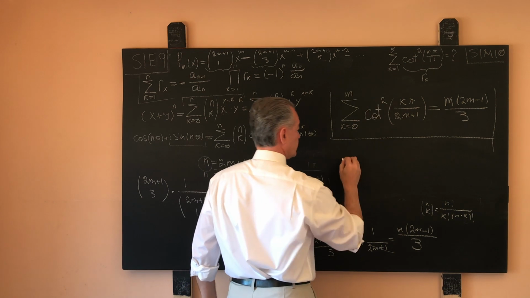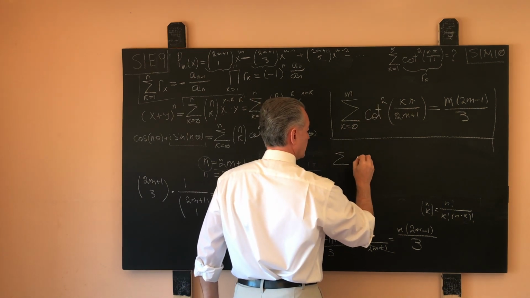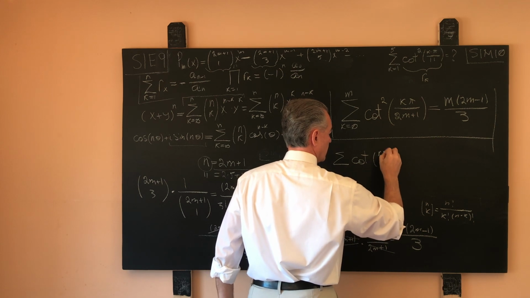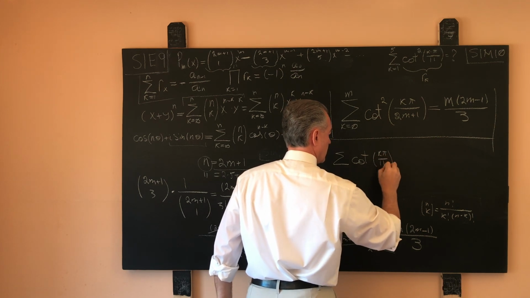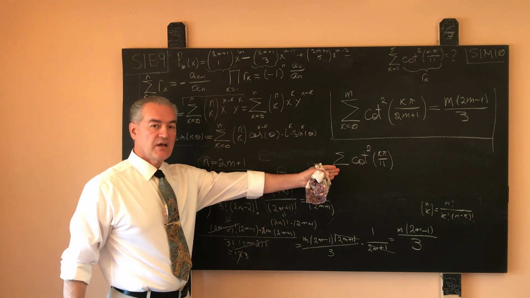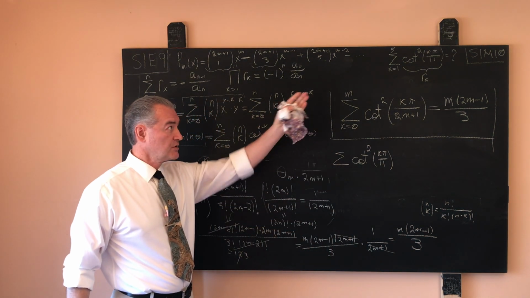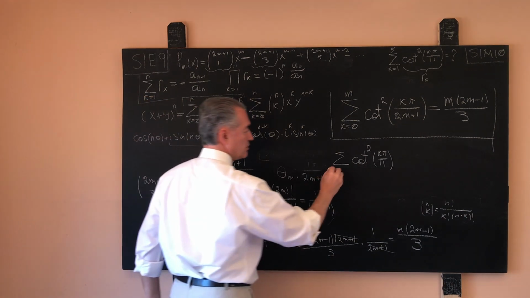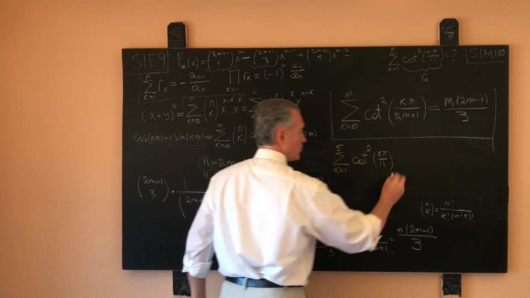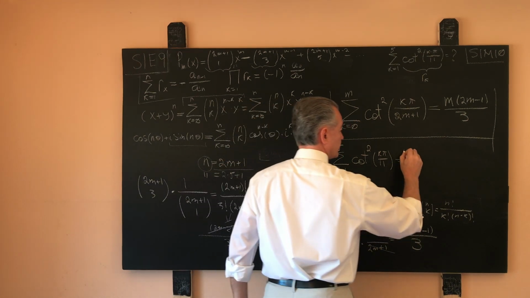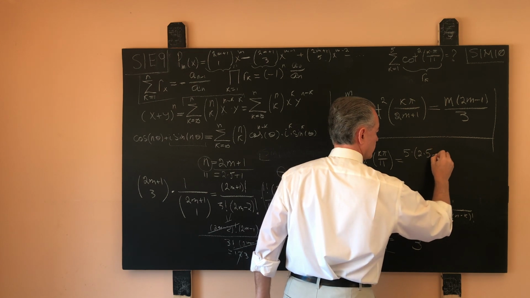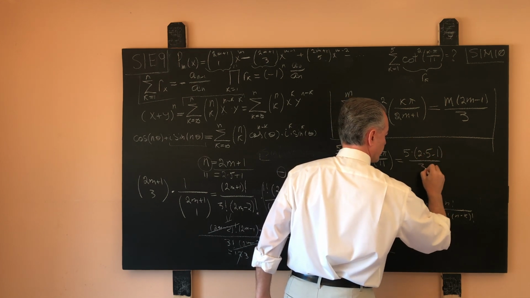So we can write down the synonym for the finite sum that was suggested in this problem, with k varying from 1 to 5, as what? 5 times 2 times 5 minus 1 over 3.